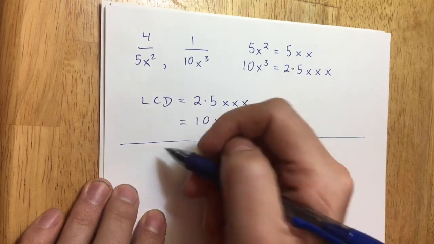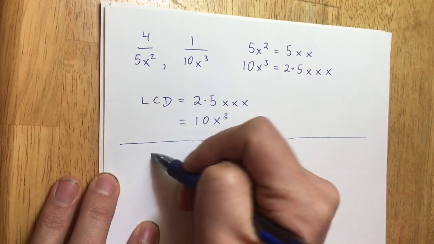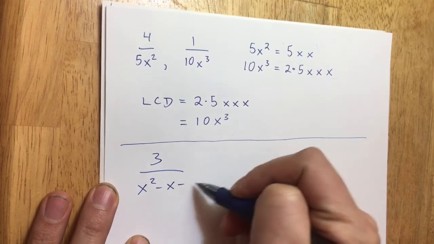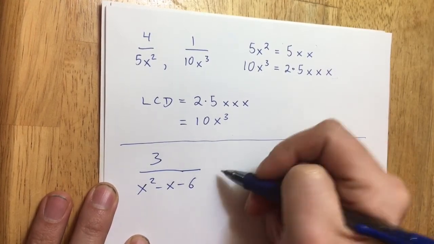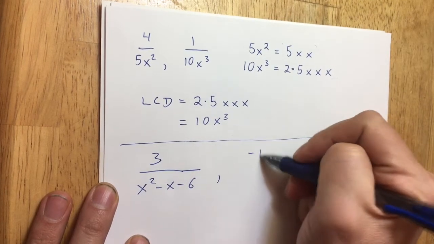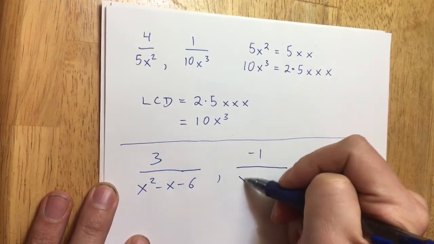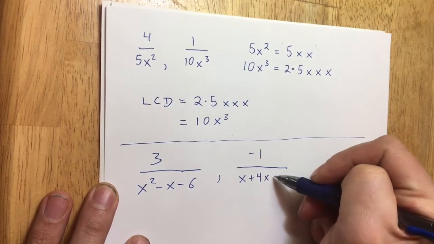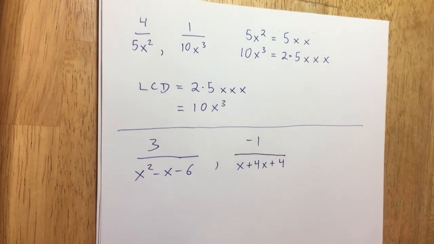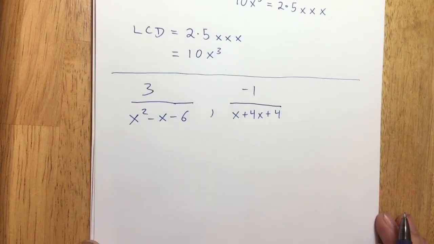Okay, let's do another one. Let's do one with some more interesting polynomials. So we'll do this: 3 over x squared minus x minus 6, and then negative 1 over x squared plus 4x plus 4. Okay, so here are my two fractions. I want to find the LCD.